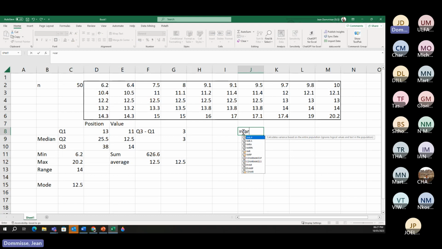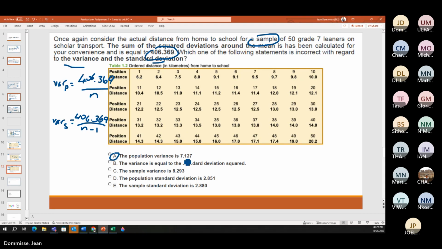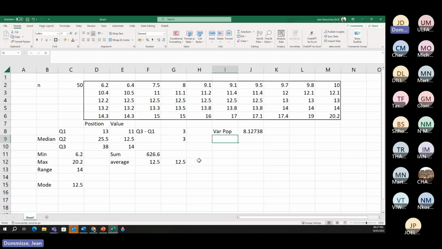Okay. There's a variance of a population. So if it was population, it would have been 8.12. Okay, it is not 8.12, so that is incorrect, which is then where we stop.